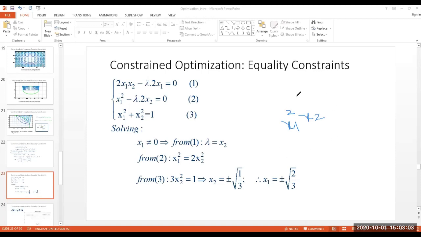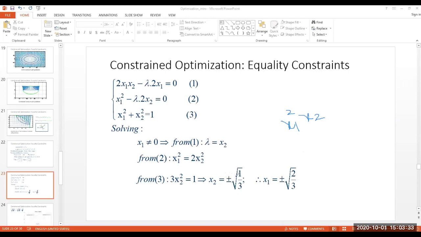That would make the whole expression negative, right? Yes, sir. So you simply discard the negative values of x2. That means x2 can only take the value of square root of 1 by 3, because we are targeting maximizing the function. That's why the negative is discarded. So how many solution points would we have now?